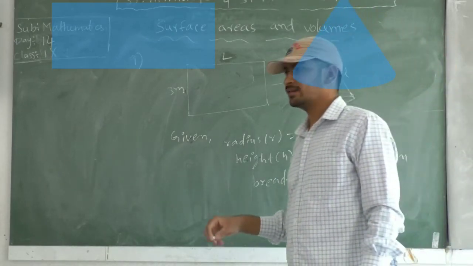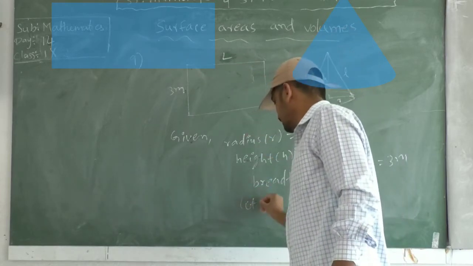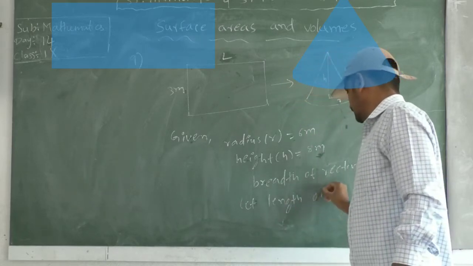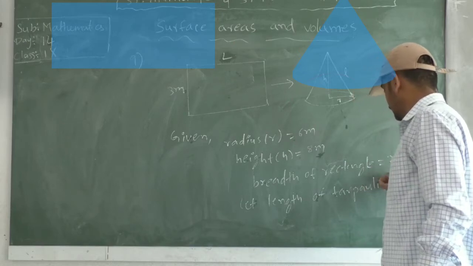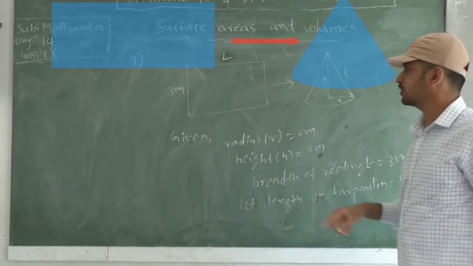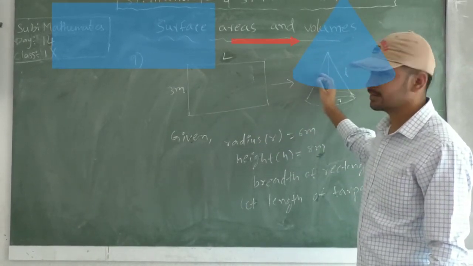We have to find the length of the tarpaulin, which we don't know, so call it x.